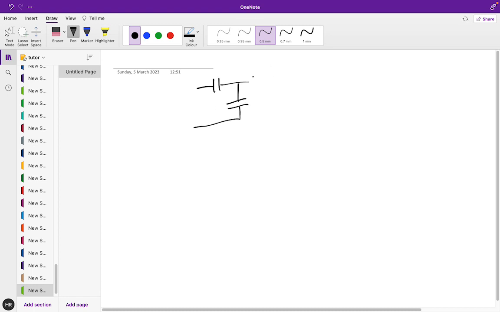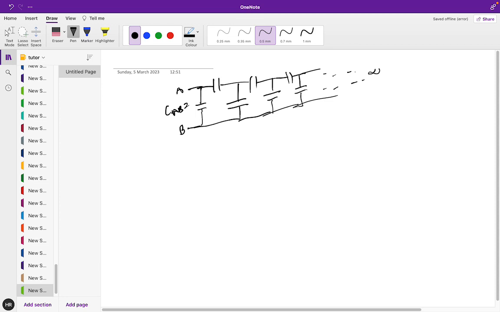This is an infinite capacitor circuit. It's moving like this. It's infinite. Okay. So you need to find the value of CAB.